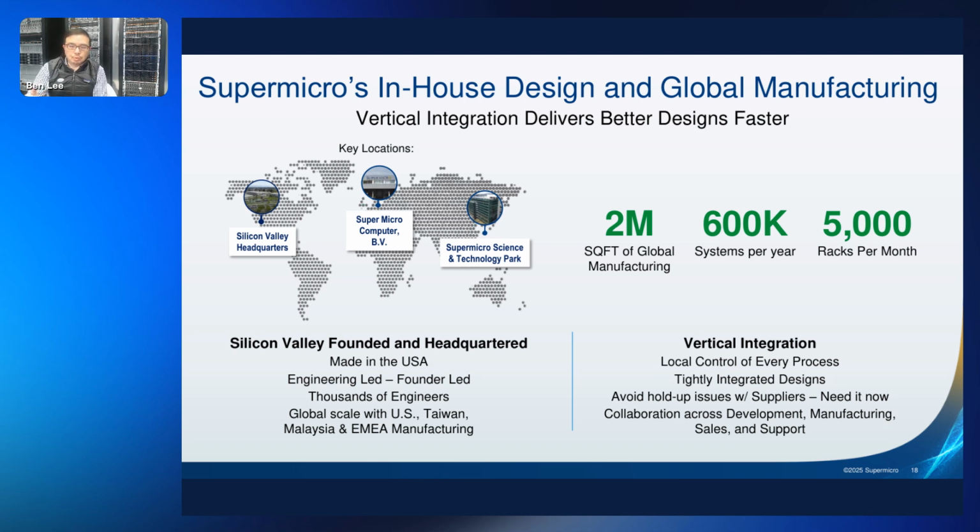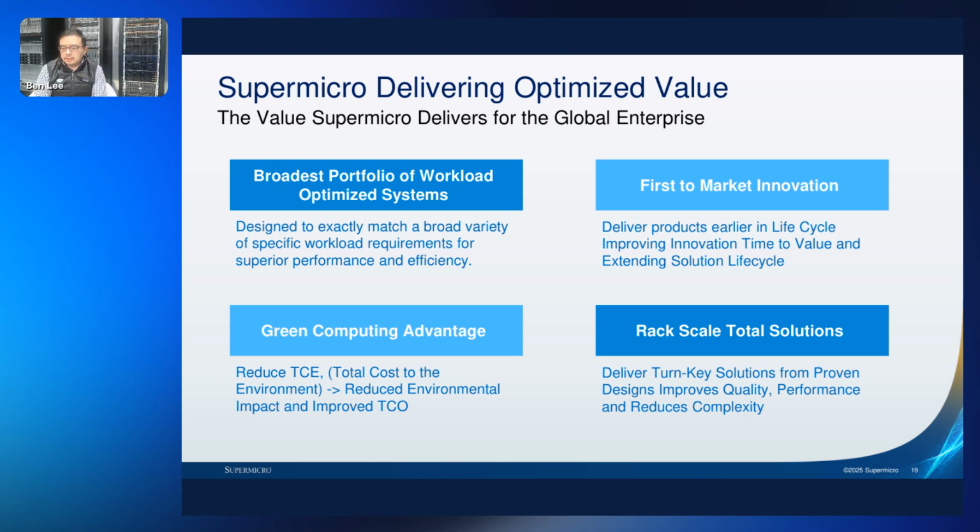This will also really help our customers and partners like VAST to innovate really, really fast. This is something I want to share, how we deliver the value. First, we have the broadest product portfolio. We design for different kinds of workloads.